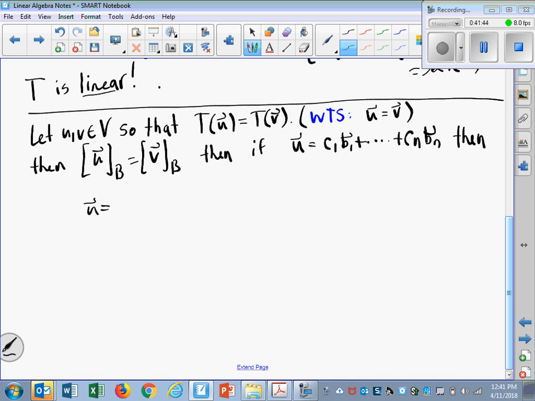They have the same B coordinates, so you take the same coefficients. So we can say, therefore, u equals v, which is what we set out to show. So T is one-to-one.